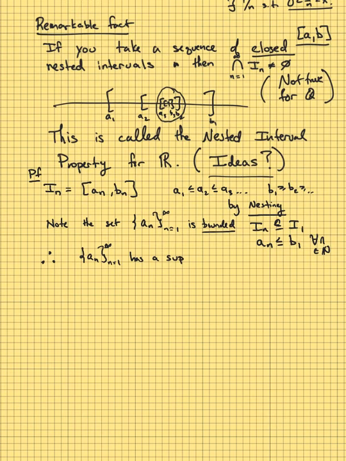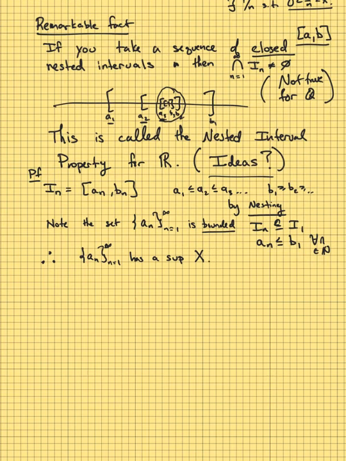which I will call x. Okay? So you can think of the sup as a natural candidate for something that's in the intersection, right? This is I1, or A1, A2, A3. If I want something in the intersection, it seems like the left endpoints are converging in some sense to that element in the intersection.